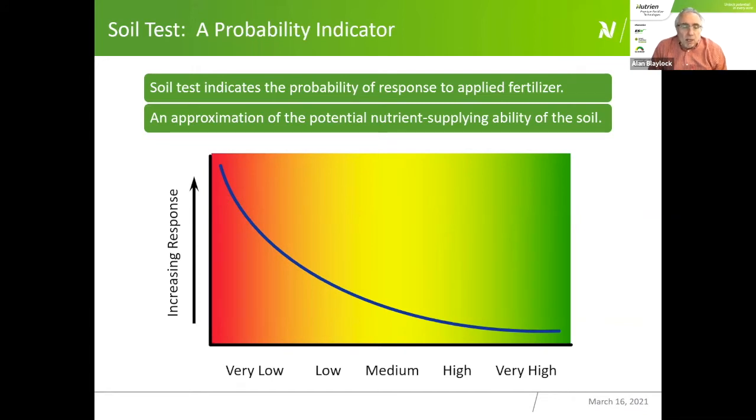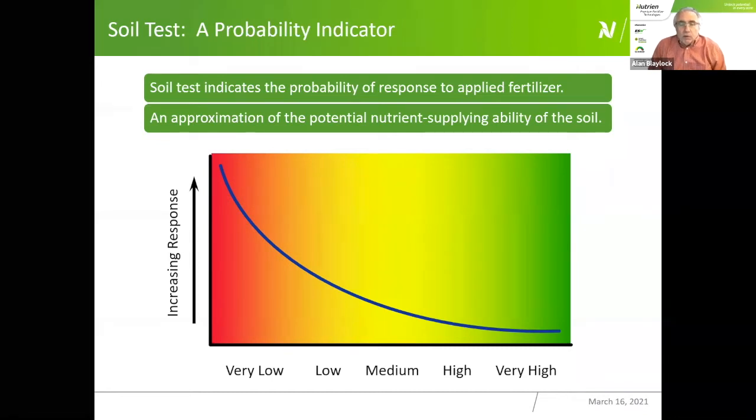For example, if my soil test phosphorus is low, but I don't have moisture to grow the crop, it may not matter if I apply more phosphorus. Putting more phosphorus on and I don't have moisture to grow a crop, well, I'm not likely to get that response.